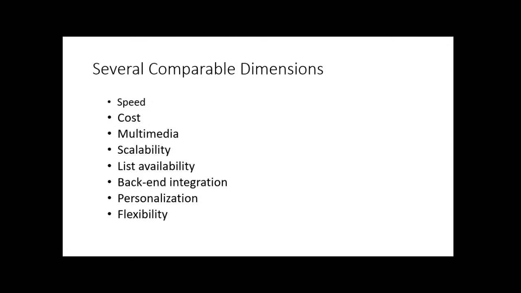Now, the next item that we want to compare is scalability, because if you're doing a printed item, obviously the more you print, the more it costs, but there's usually a timeline associated with printing it. So if you've already sent your goods to the printer and you're in line to get your job done, adding another 5,000 pieces may not be that easy.